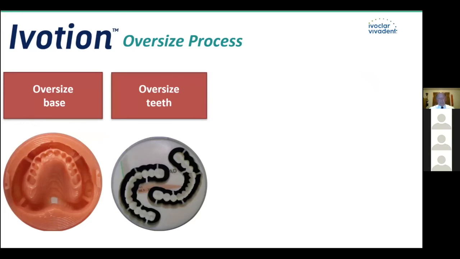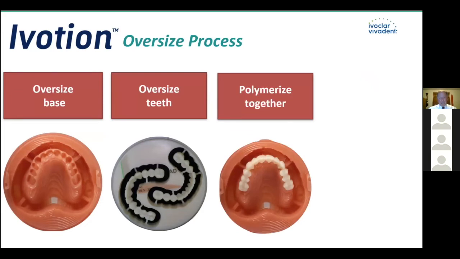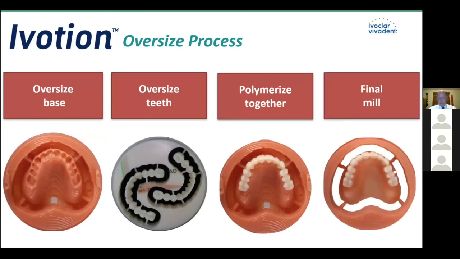It's a great process as well, but it does do the teeth and the tissue separately. But this is a very patented process, and again in the PM7, it mills the teeth and the base not completely, but yet enough where you could polymerize them together. So once they're polymerized together, then they're put back into the mill to do a final mill.